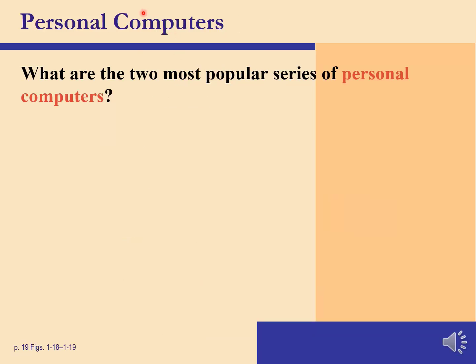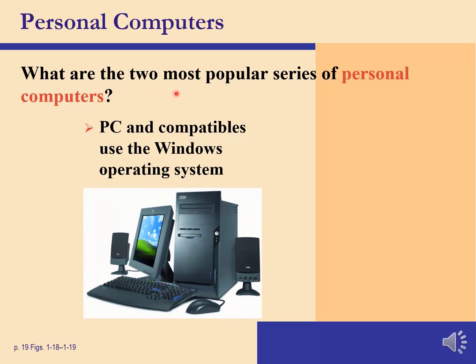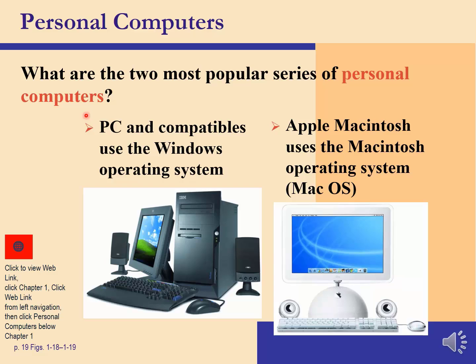Personal computer. What are the two most popular series of personal computers? There are many companies that make computers, and some are general and some are specific to certain software. PC and compatibles use the Windows operating system.